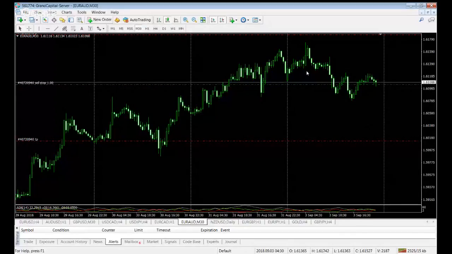If it moves another 400, your trailing stop will move 400 again. Anytime the market moves 400, the trailing stop will also move 400. Sometimes we advise that you should not make your trailing stop too high, maybe a maximum of 250 points, so that you will not miss some opportunities. So that is all about the trailing stop.